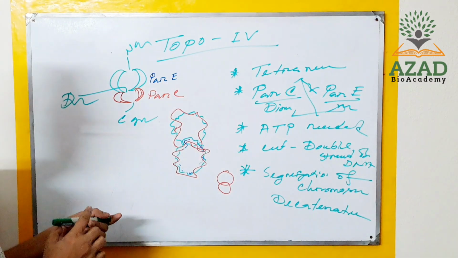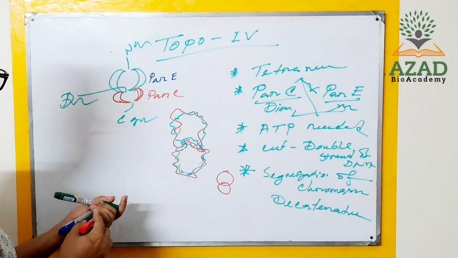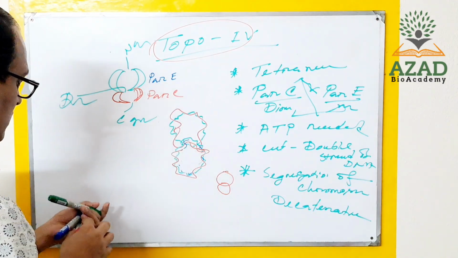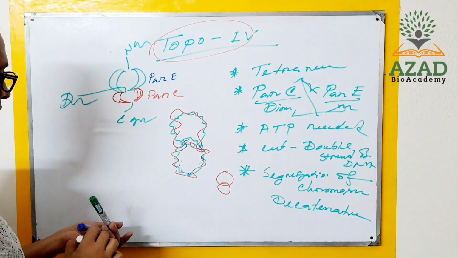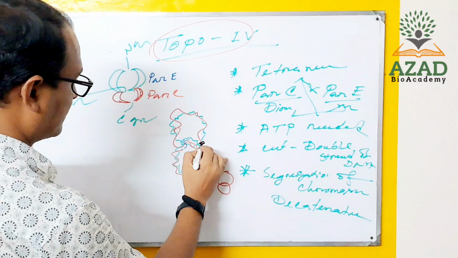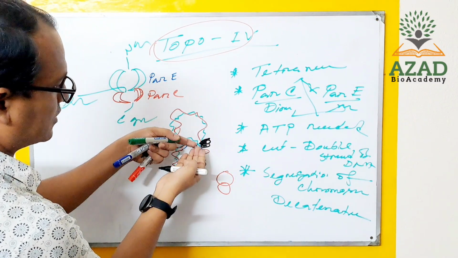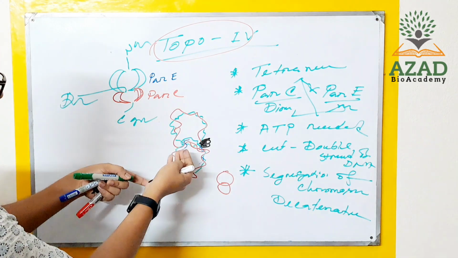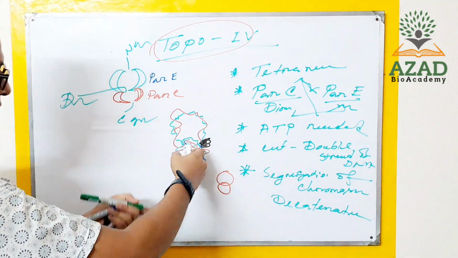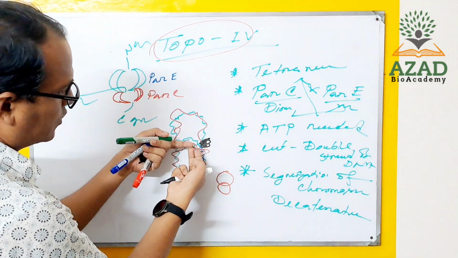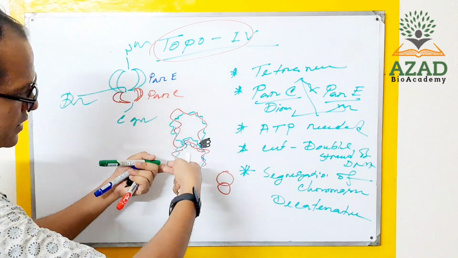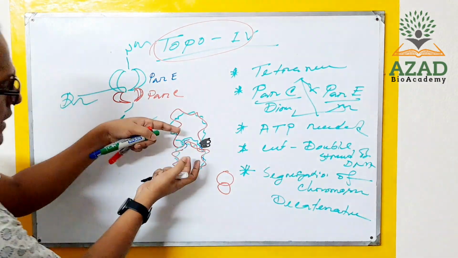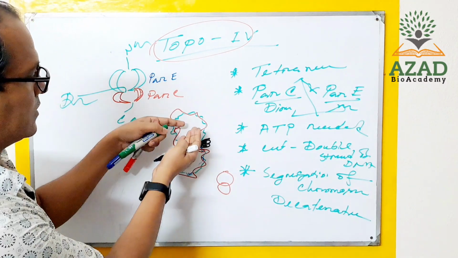So what should you do? The enzyme must be applied, that is your topoisomerase 4. So topoisomerase 4 will function over there, and it will cut the double strand, and it will pass one strand from inside to outside, and it will facilitate separating the daughter chromosome from the parent chromosome.